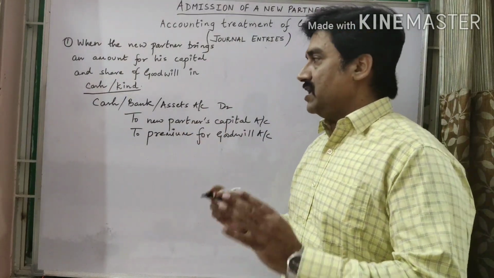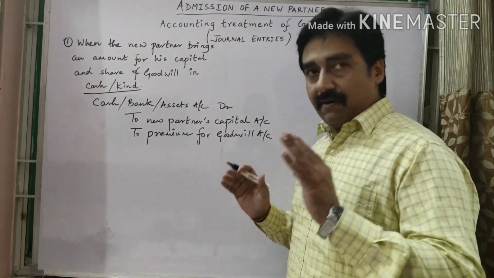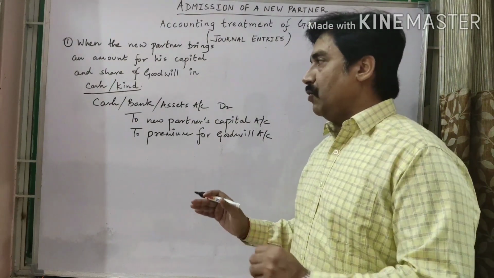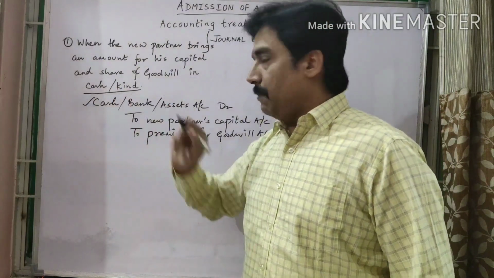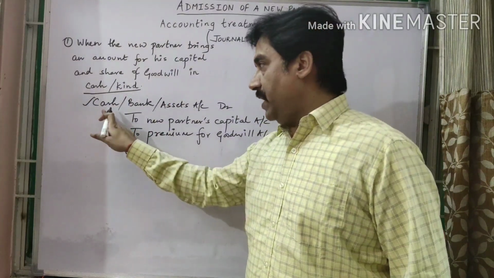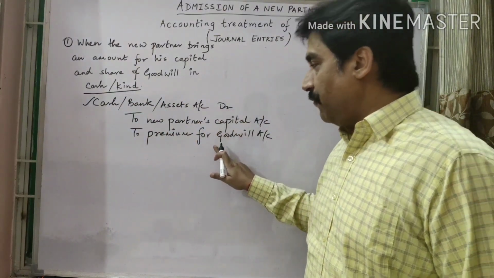So if he brings the amount in cash, the entry would be cash account debit to new partner's capital and to premium for goodwill.